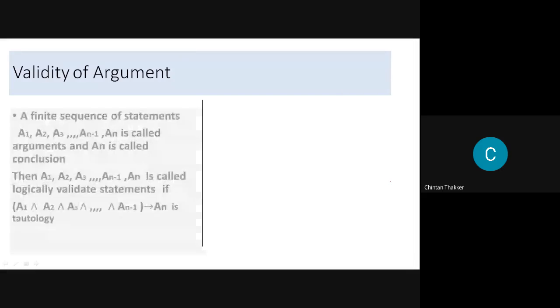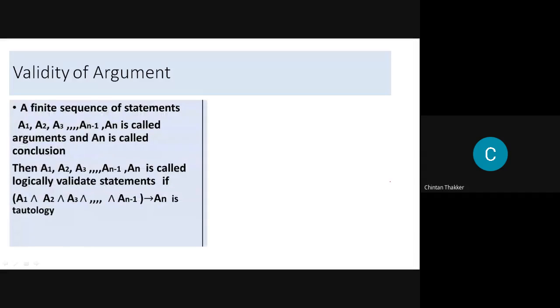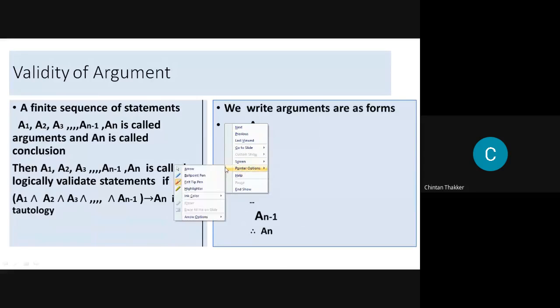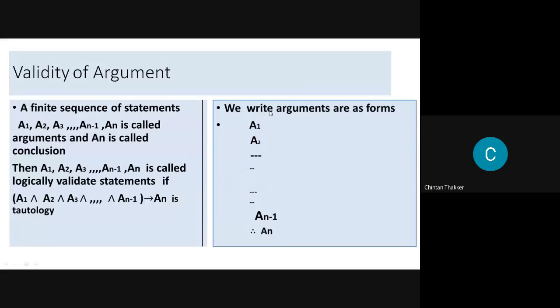Mostly the argument is given this way: A1, A2, similarly A3, then A4 up to An.